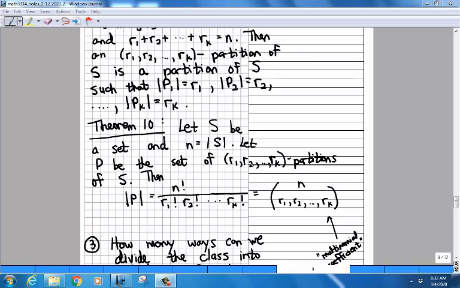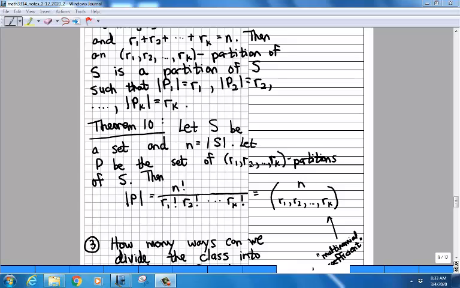And we're often interested in counting how many ways we can take a subset of a particular size out of a set. But remember, when you take a subset out of a set, you're implicitly leaving some elements in the set. That's the complement of the subset. So you're really partitioning the set into 2 pieces: the subset that you choose, the combination that you choose, and then its complement. And we're going to generalize that idea for partitions.